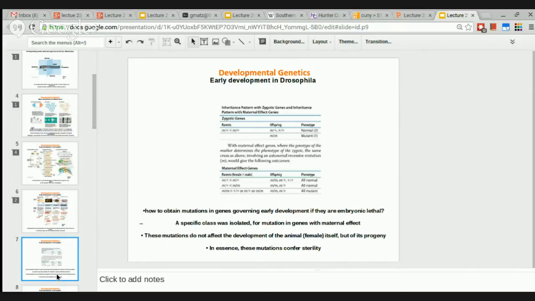So they did not look for zygotic mutations, which are mutations that control the development of the animal that carries those genes. They screened specifically for so-called maternal effect mutations. So those females were fine, they could develop, but they were homozygous for maternal effect genes, meaning gene products that were supplied to the embryo.